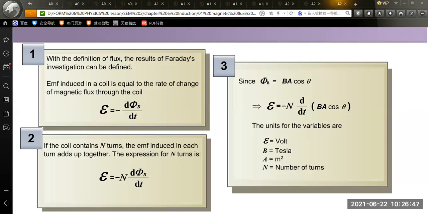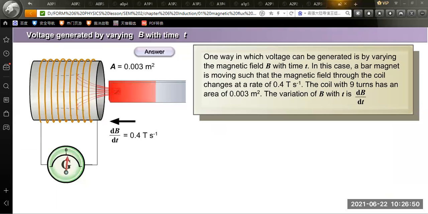So, next slide shows voltage generated by varying B with time. One way in which voltage can be generated is by varying the magnetic field B with time. In this case, a bar magnet is moving such that the magnetic field through the coil changes at a rate of 0.4 Tesla per second.